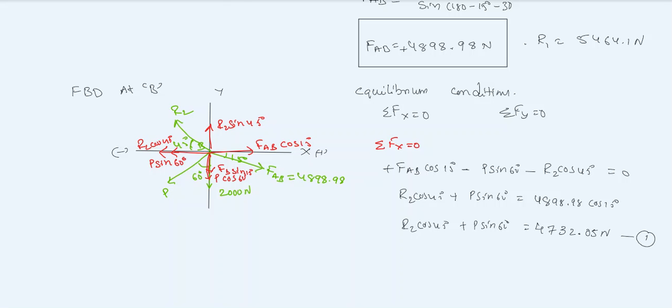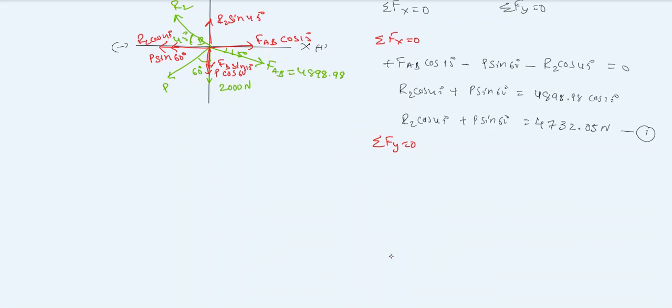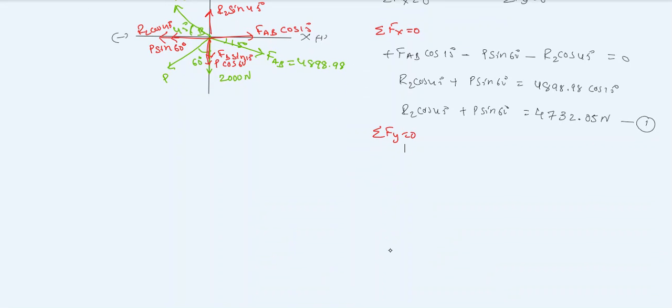Similarly, the algebraic sum of y components must be equal to 0. So just write the y component forces. Upward we have only one force, that is R2 sin 45, and downward we have three forces, that is minus P cos 60 minus FAB sin 15 minus 2000 is equal to 0.